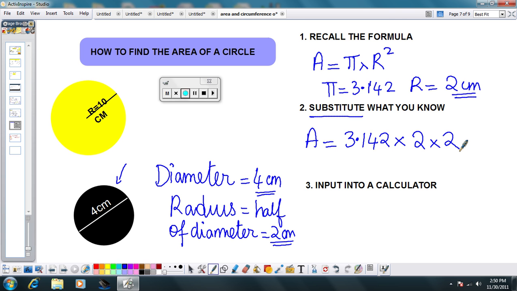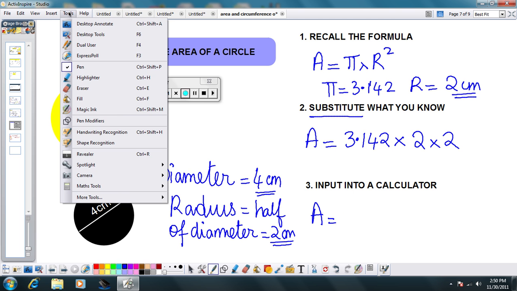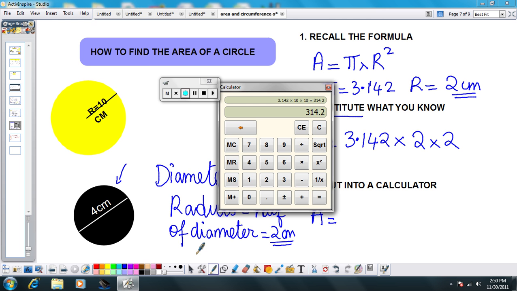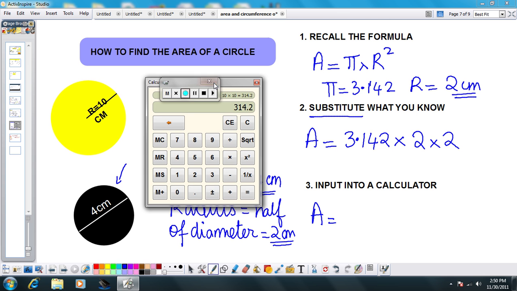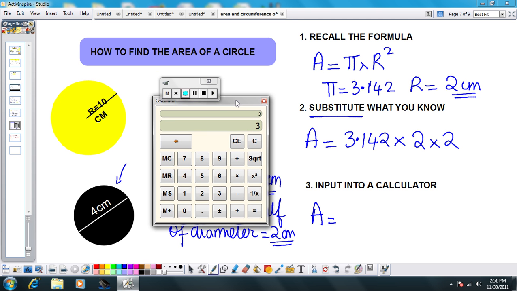And now I'm going to take my calculator and work out the answer. So let's go ahead and do that. So I need to do 3.142 times 2 times, oopsie, I made a mistake.